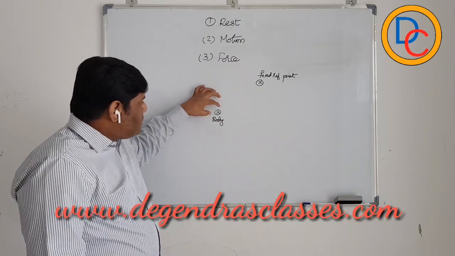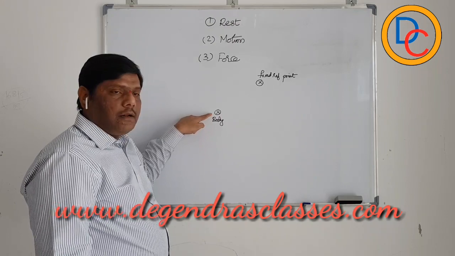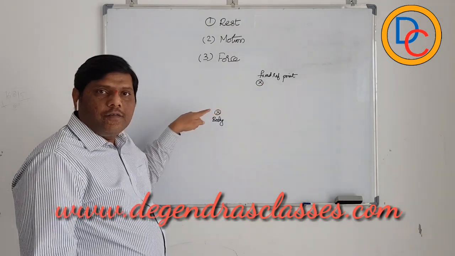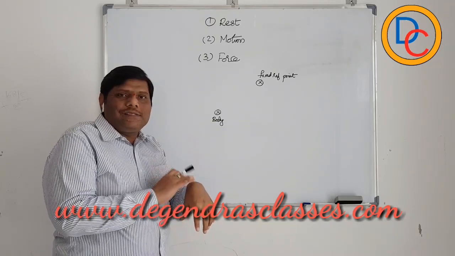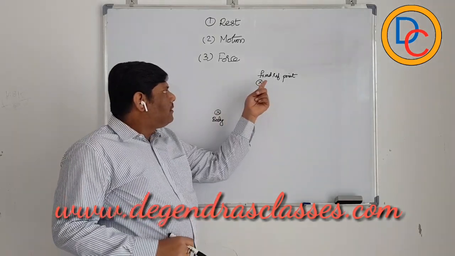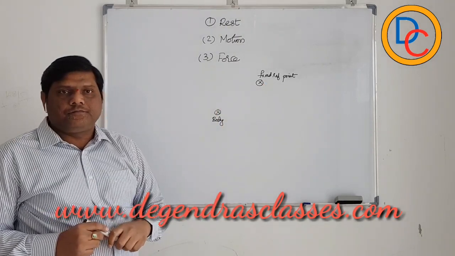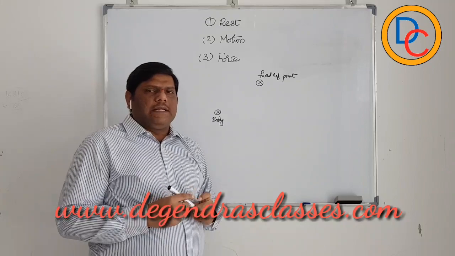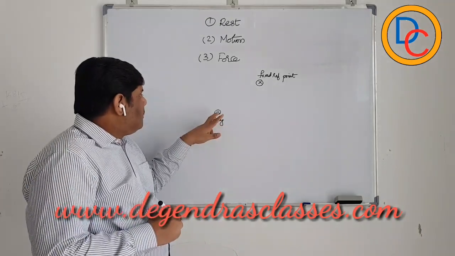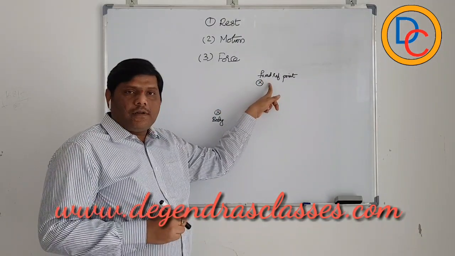Now the position of this particular body is this one from this fixed reference point at this instant of time. After some time, suppose after 1 minute, the position of the body is the same from the fixed reference point.